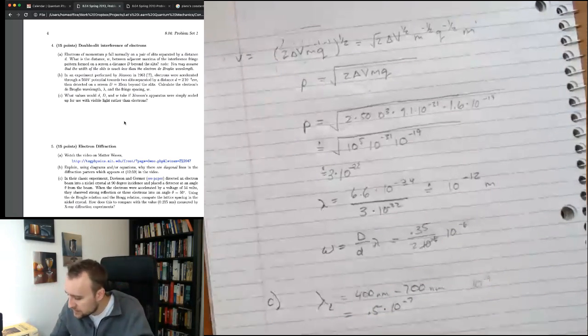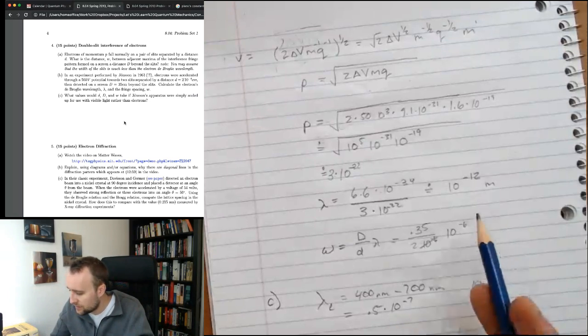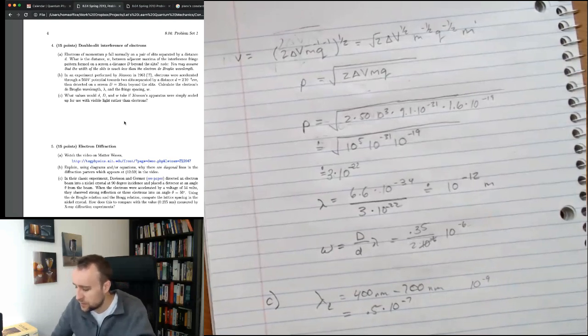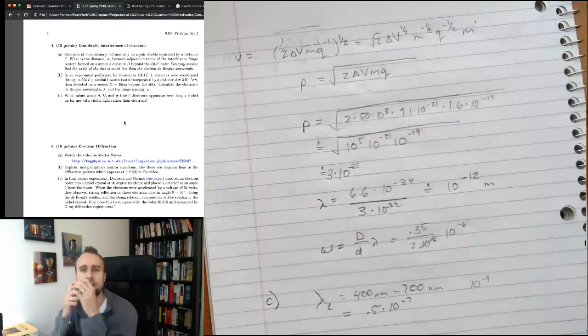All right. So if we had this, then that means that 10 to the negative 7, this is 10 to the negative, so we're 5 orders of magnitude smaller than the electron. So if we wanted it this way, 5 orders of magnitude smaller. See, I don't understand what it's simply scaled up for use with visible light.